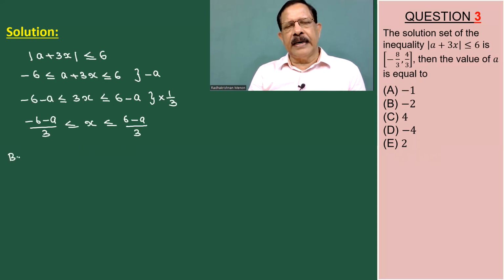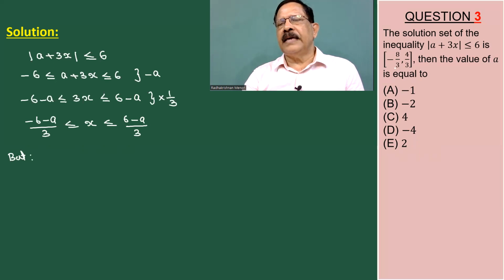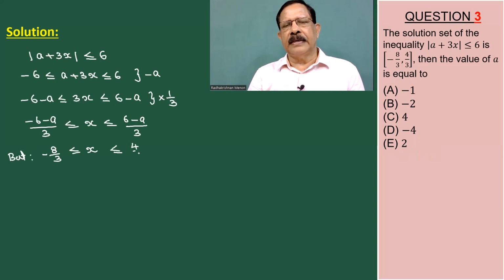But it is given that x lies in the closed interval [-8/3, 4/3]. So -8/3 ≤ x ≤ 4/3 is given. So what you have to do, you compare corresponding terms.